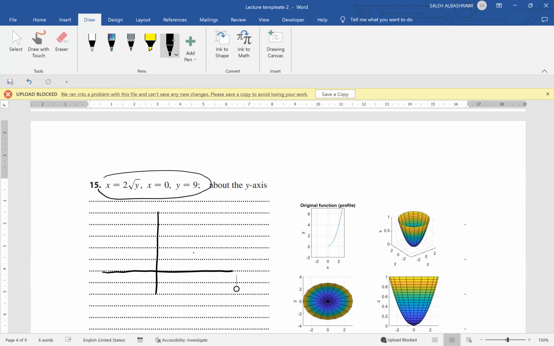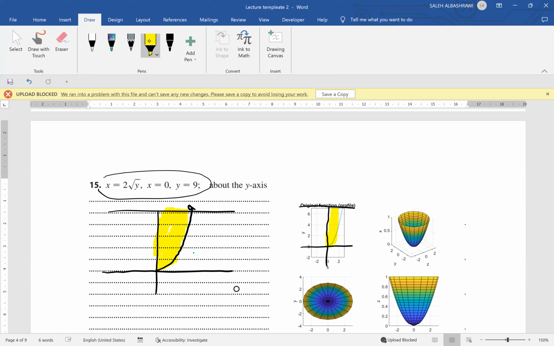The first function, x equal to 2 square root of y, is given like this curve. Then y equal to 9. So I will have this region between x equal to 0 and y equal to 9.